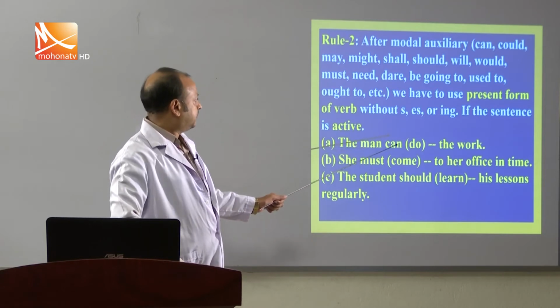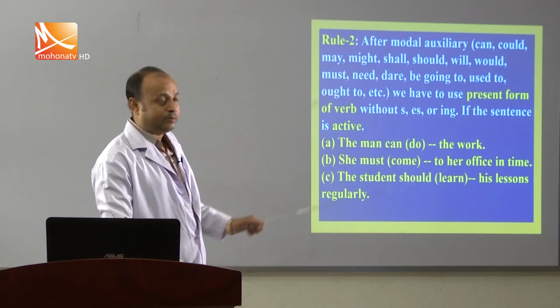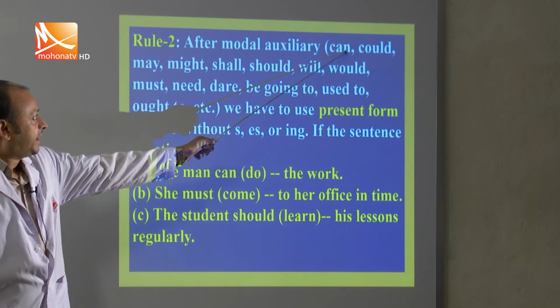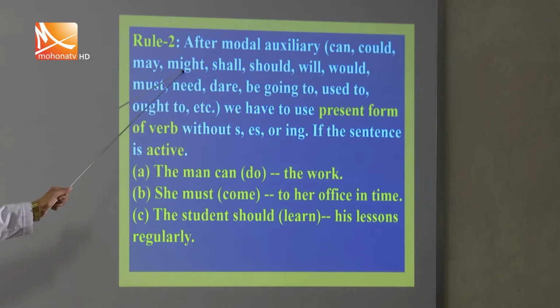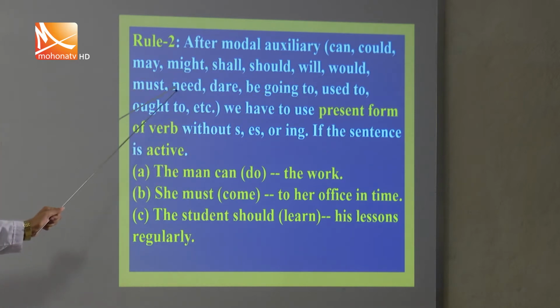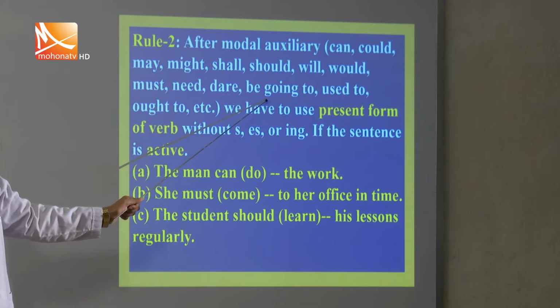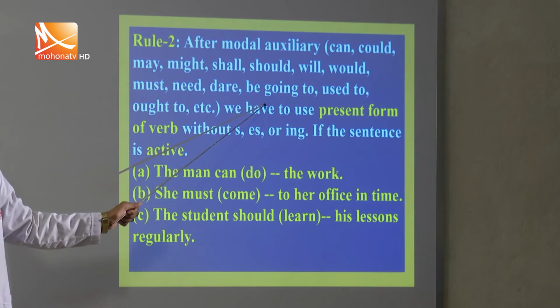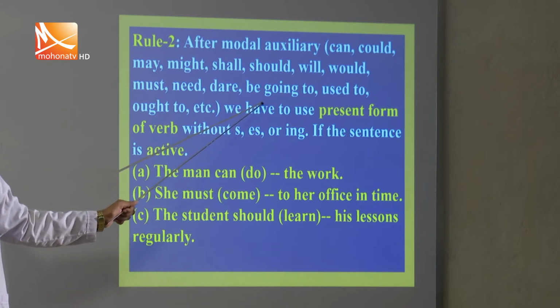For example, let us see some modal auxiliary verb list: can, could, may, might, shall, should, will, would, must, need, dare, be going to. Be going to means am going to, is going to, are going to, was going to, were going to.